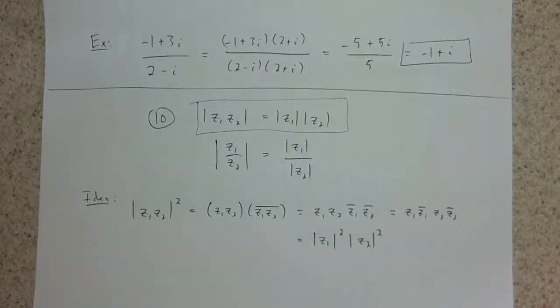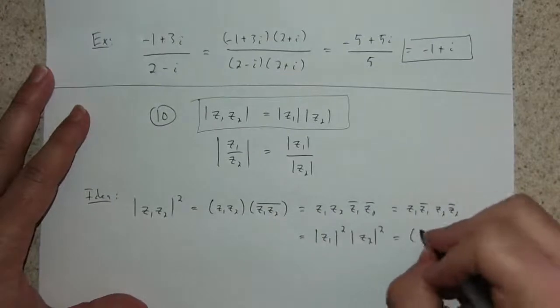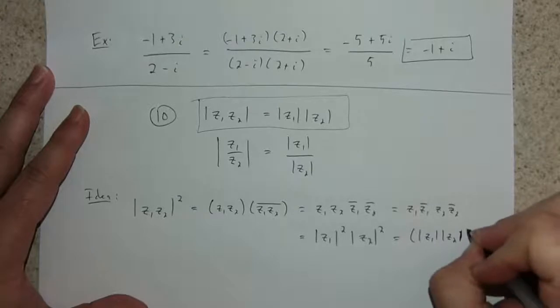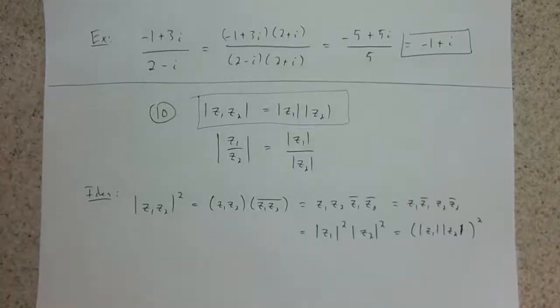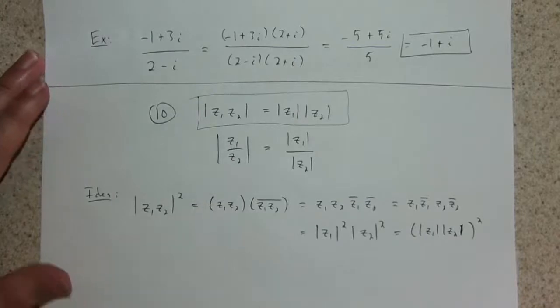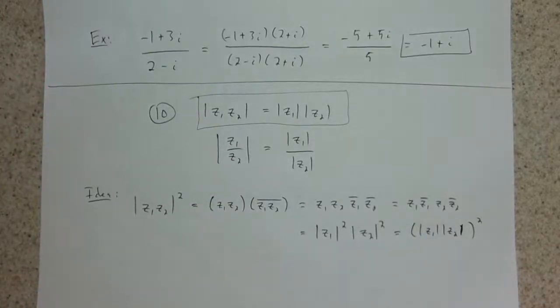Right. So this is mod z1 times mod z2, squared. Right, and then I can take the square root of both sides, so I'm good to go. I have exactly the formula that I wanted. Okay, just being careful with the bookkeeping here.